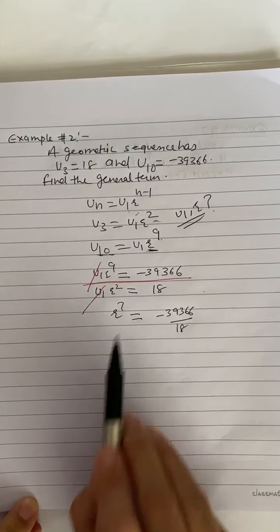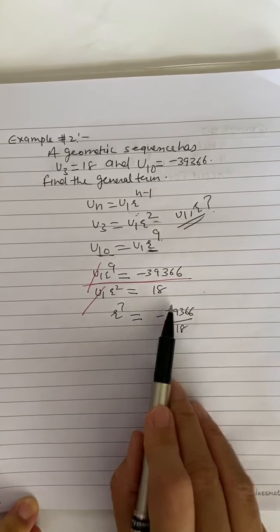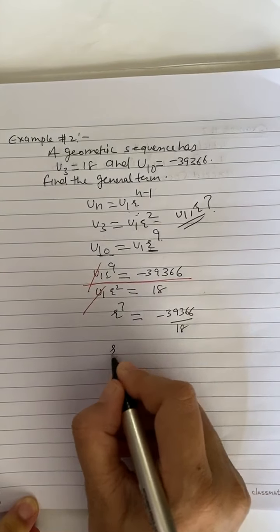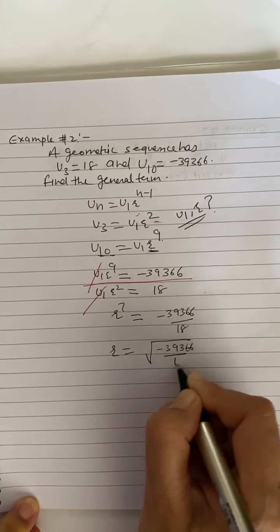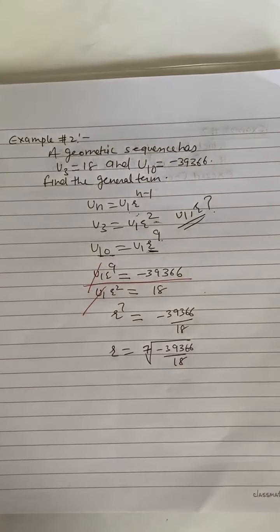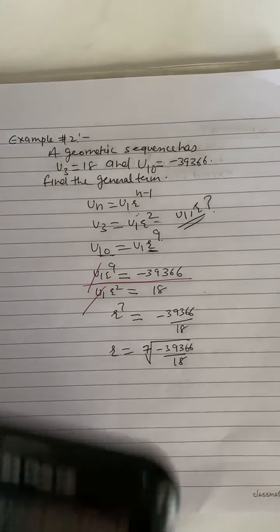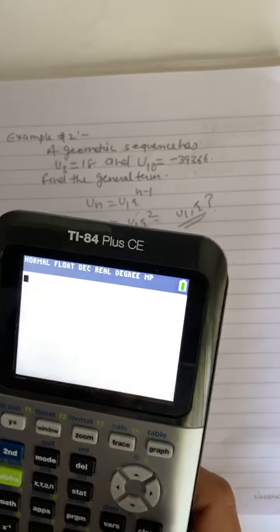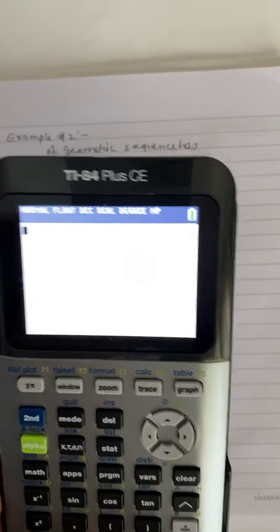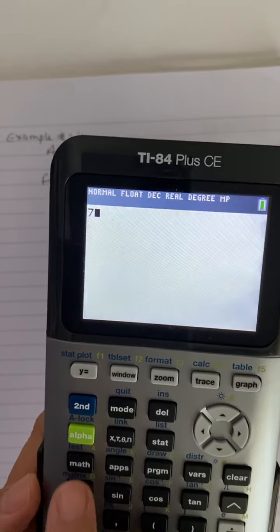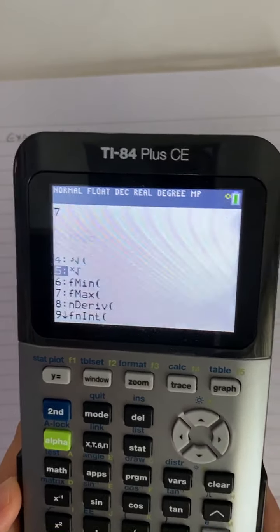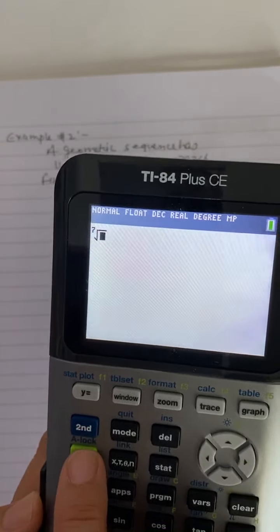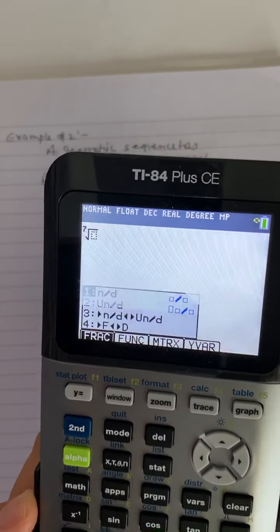I advise you not to do this calculation first and then find the seventh root. What you should do is write down negative 39,366 over 18 and then the seventh root, and use the calculator to do that. I'll show you how. Because we have to find the seventh root, you press 7, then go to math, choose number 5, and after that go to alpha and y and enter the fraction.